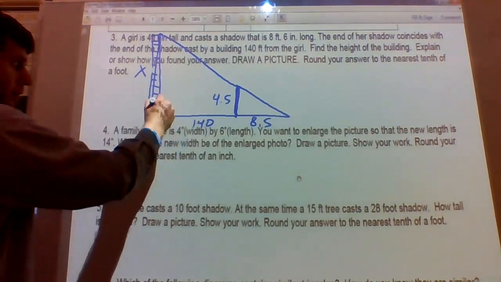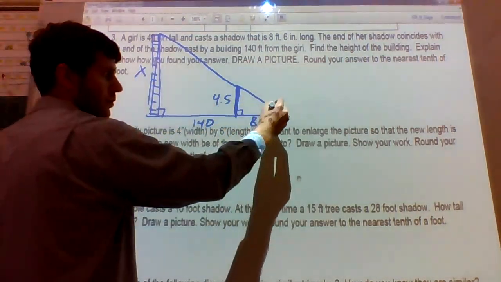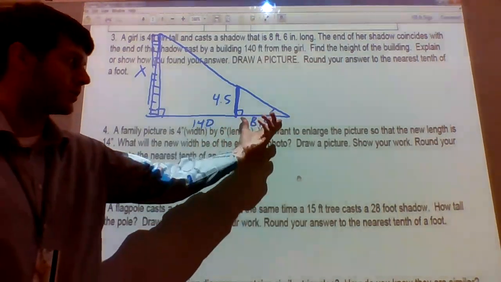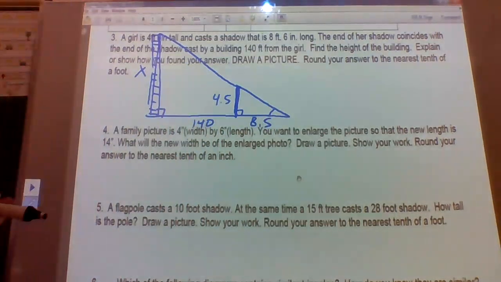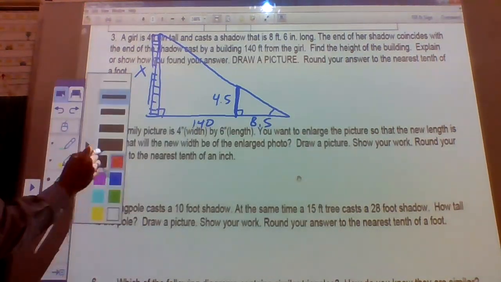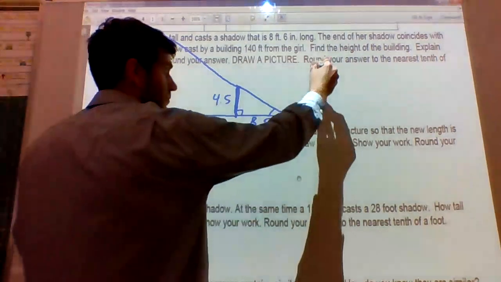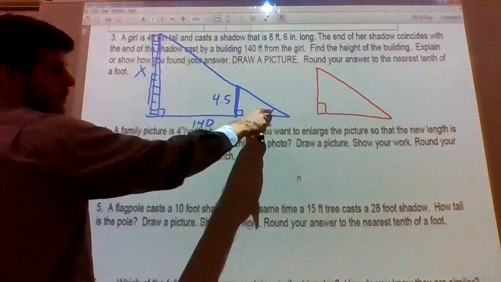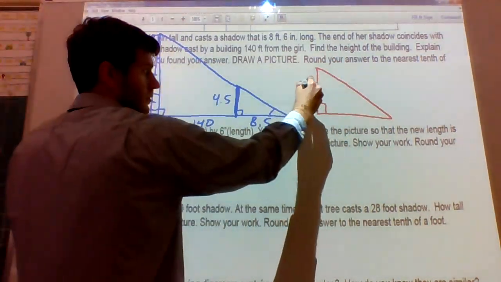So these are going to be right angles. Okay, and they both share this angle right here. So we have angle-angle similarity, which tells us those two triangles are similar, right? We have two triangles. We have the small triangle and the large triangle. Let's redraw them, though, just to be safe here. So there's the big triangle. The height of that one is x.